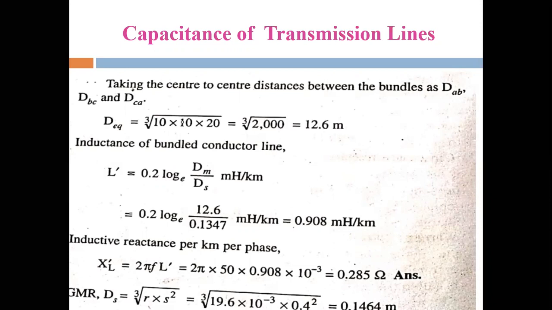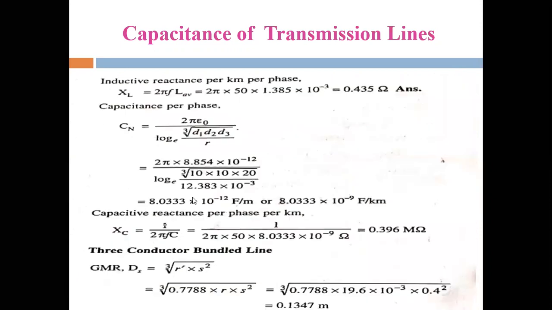Dm means the mutual GMD. Therefore, the mutual GMD is equal to the cube root of DAB, DBC, DCA.